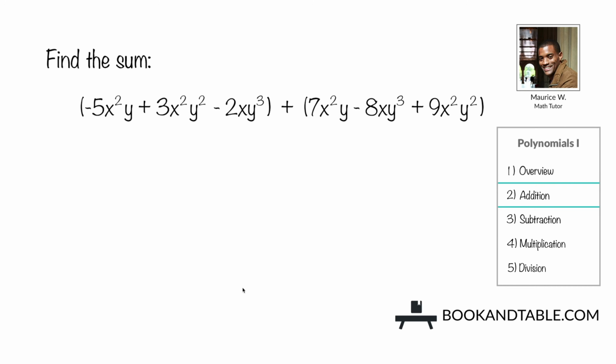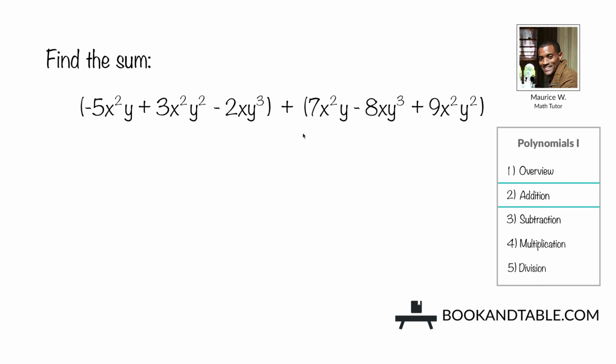Let's take a look at another example. Let's say you're asked to find the sum of negative 5x squared y plus 3x squared y squared minus 2xy cubed plus 7x squared y minus 8xy cubed plus 9x squared y squared.